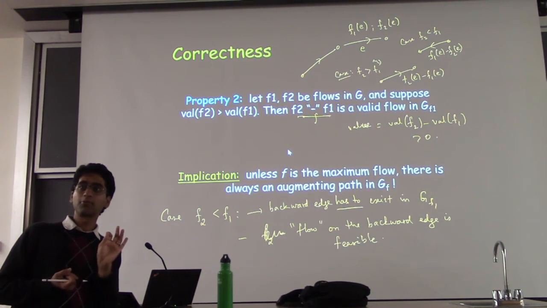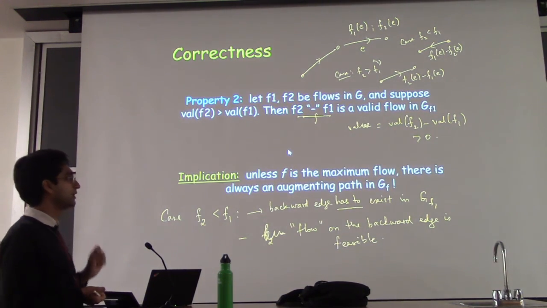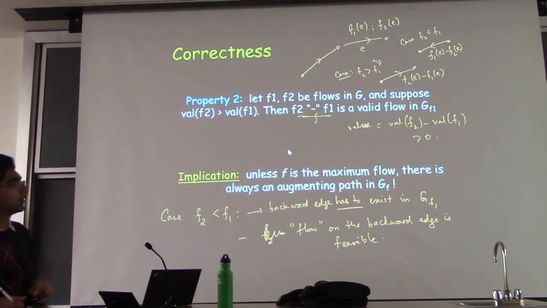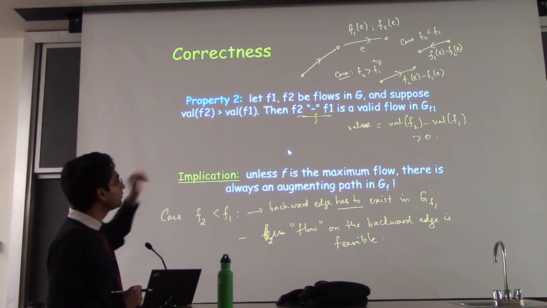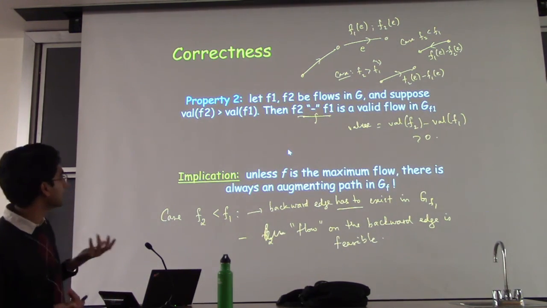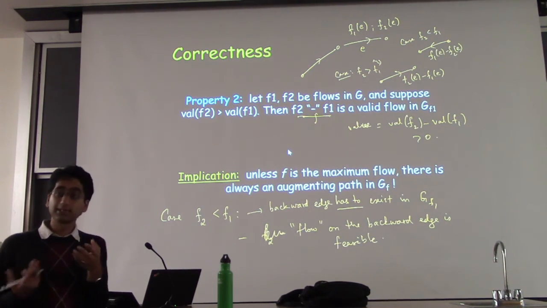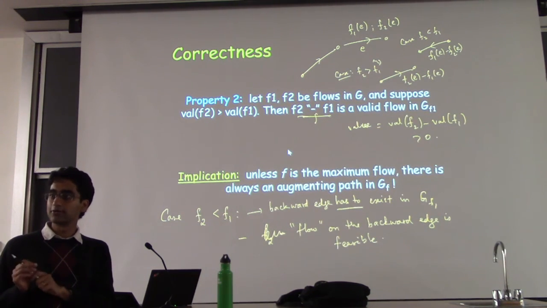So I'm only caring about the capacities. And what I've argued here is that the capacity constraints in this f2 minus f1 are satisfied. So this is a valid flow in the residual graph, G sub f1. Is this clear?